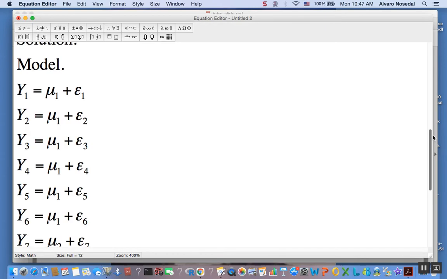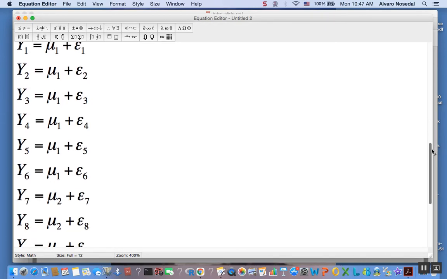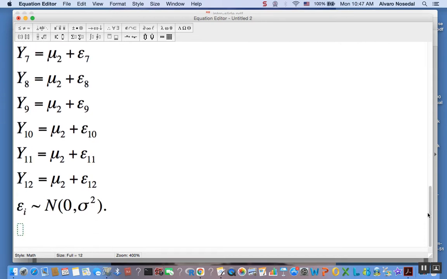So we could express this like this. Y, which is a 12 by 1 vector of observations, is going to be the same as X beta plus epsilon, where X is a design matrix.